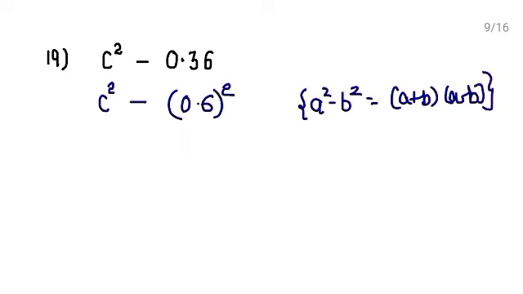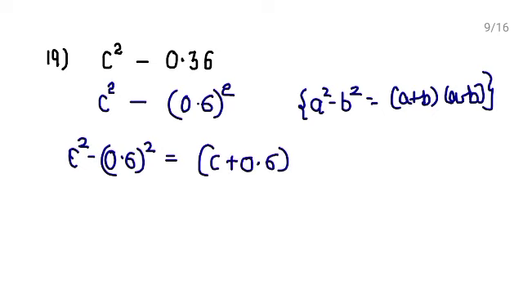So c square minus 0.6 square can be written as a plus b. What is a here? c. Plus b is 0.6, into a minus b. What is a here? c. Minus b is 0.6. So this is your answer, (c plus 0.6) into (c minus 0.6).